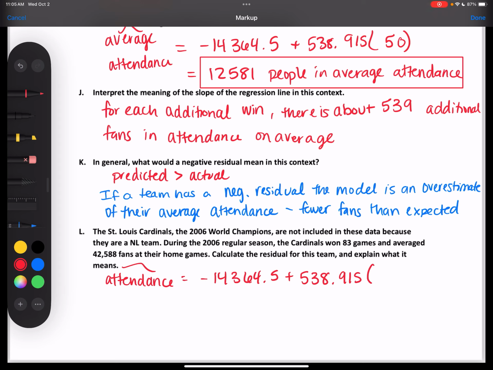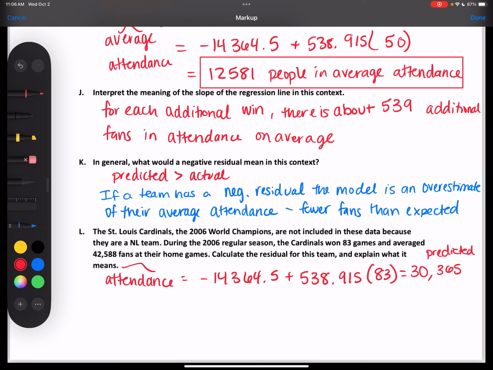And again, normally we wouldn't want to do this because they're a National League team and this was data for American League teams. But we're just using this to model for the moment. So this number would give me that they should have had 30,365 fans. Okay, this is the predicted value.